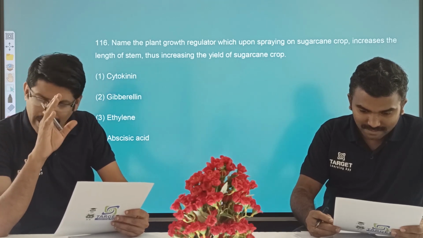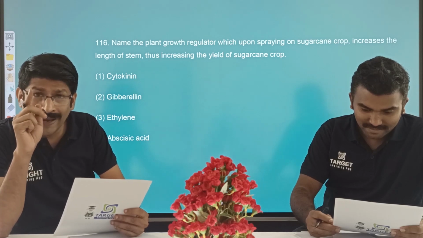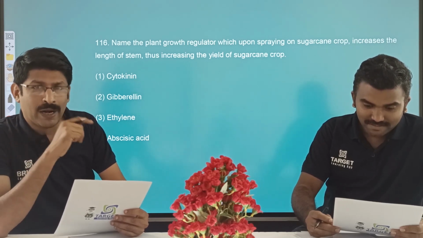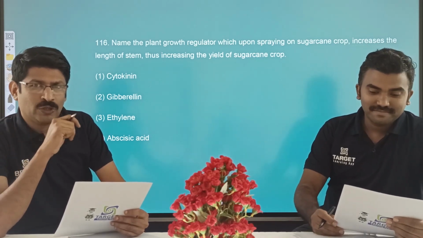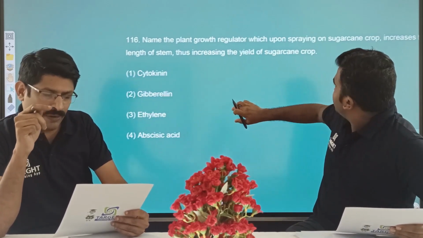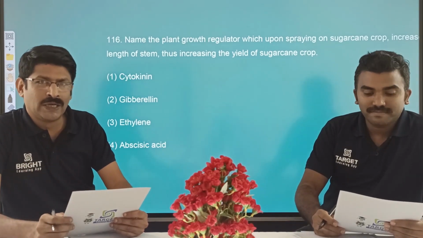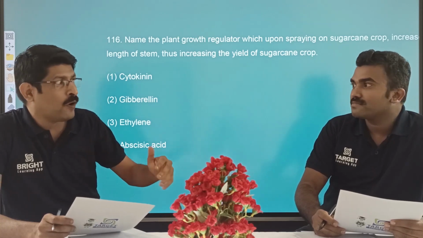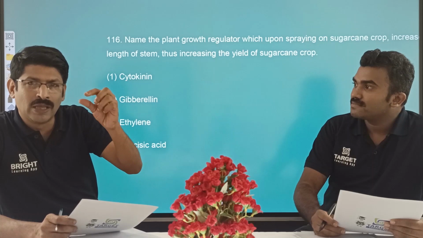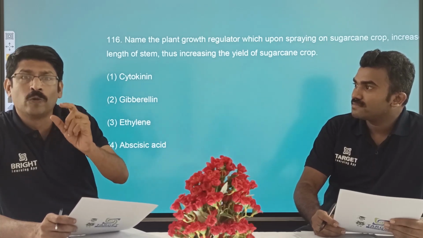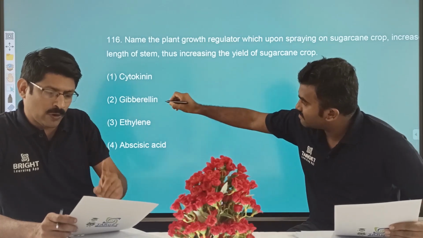The exact line is on page number 249 of the NCERT textbook: gibberellic acid, GA3, discovered from Gibberella fujikuroi. It increases internodal elongation, is used for overcoming dwarfism, and increases stem length, fruit shape and fruit length in grapes. That is very important: gibberellin.